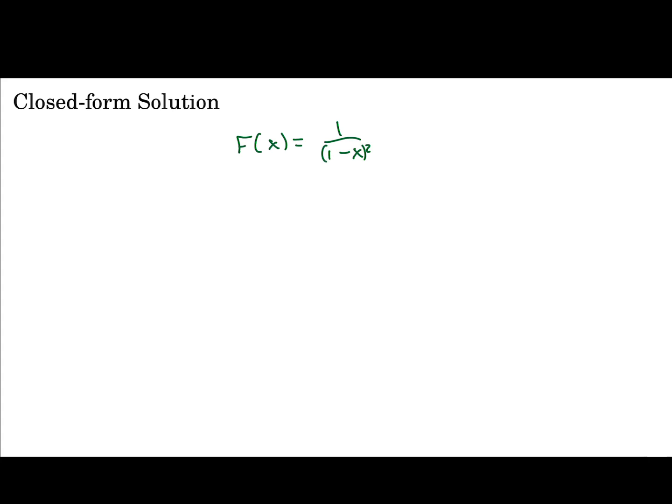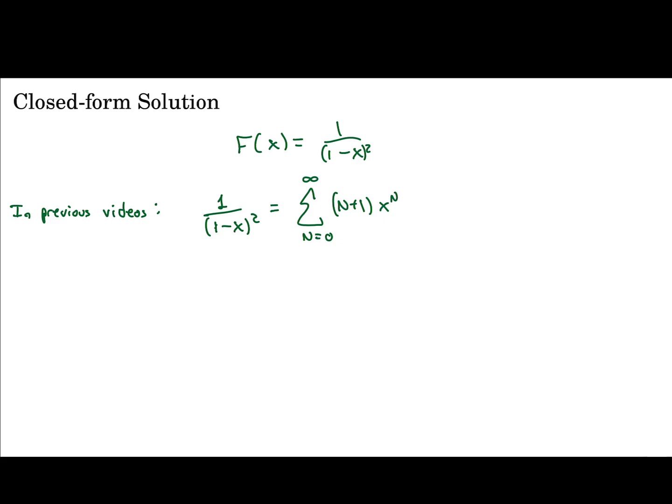But in a previous video, actually in two previous videos, because we showed it in two different ways, we actually showed that 1 over (1 minus x) squared was equal to the sum for n equal to 0 to infinity of (n plus 1) x to the n.